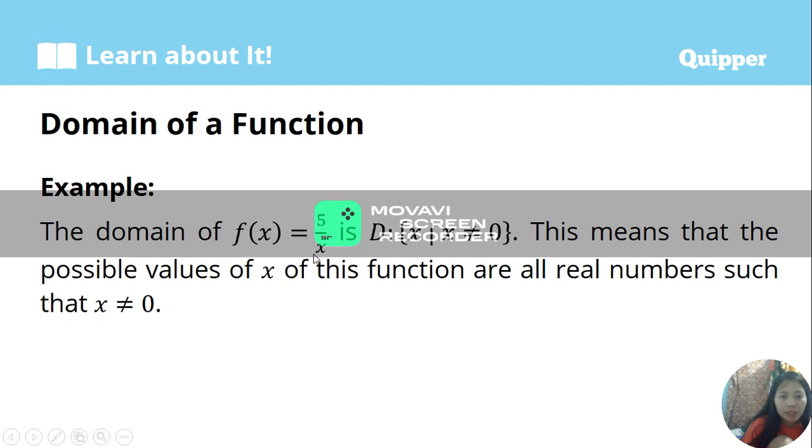So if we equate this to 0, that is x equals 0. That means that if we substitute x to 0, the denominator becomes undefined. That is why x should not be equal to 0, because it makes the rational function undefined.